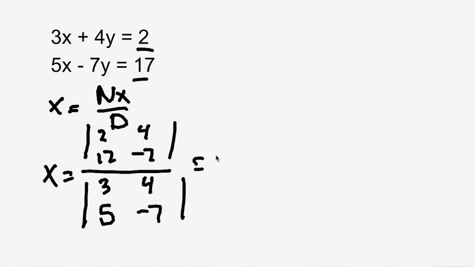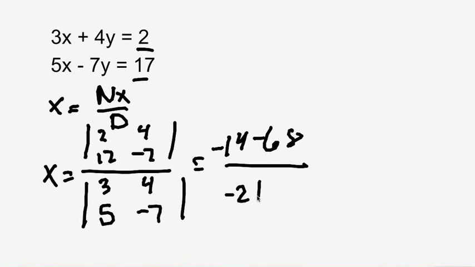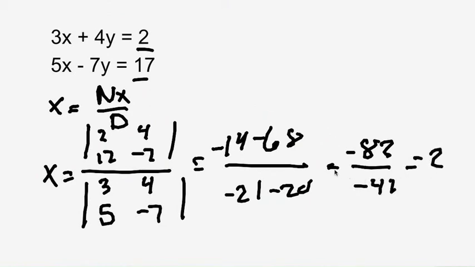That will simplify, with cross multiplication, to negative 14 minus 68 over negative 21 minus 20, which simplifies further to negative 82 over negative 41, and that equals 2. So X equals 2.